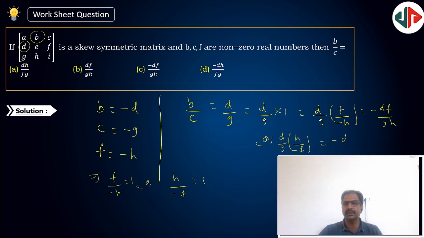This gives minus DH by FG. So either option D or option C, both are correct.